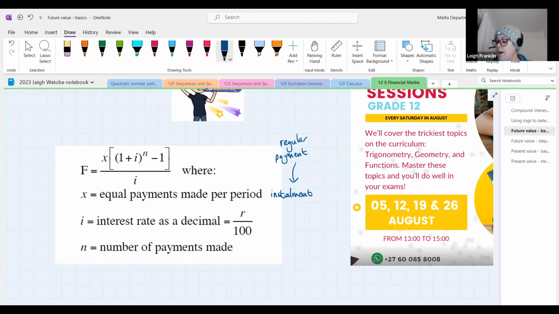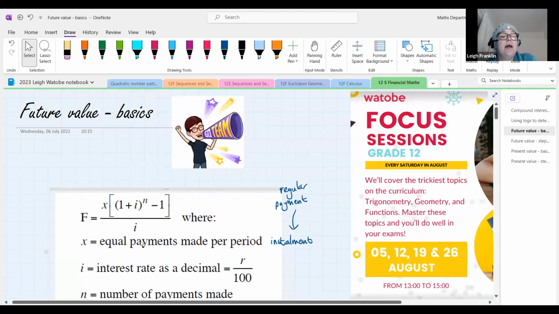I'm sure if you speak to your parents, they'll be able to tell you this as well. For example, when you buy a house, you have to make a payment every single month. If you buy a car and you've borrowed money, you pay a regular payment every month. When saving towards a pension, you make a regular payment every month.